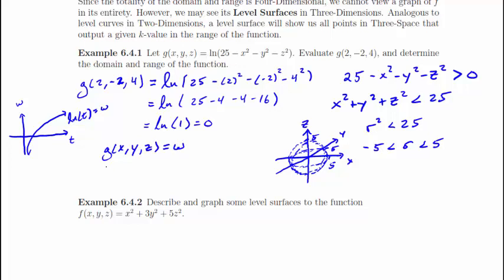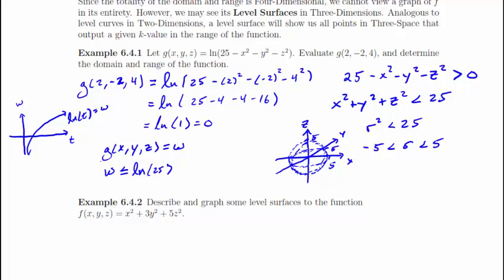Then we know that w has to be less than or equal to the natural log of 25, because our inputs x, y, and z are going to shrink that 25 down, and the natural log is going to increase as the inputs increase and decrease as the inputs decrease because of how our natural log function works. So my outputs are less than or equal to the natural log of 25, plain and simple.